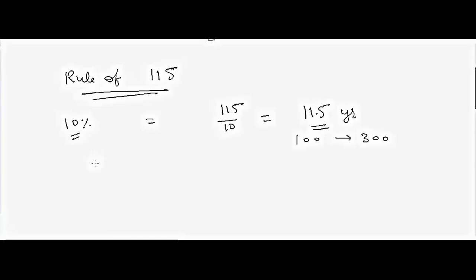In the same way, if it's 20%, then it would be 115 divided by 20, which is equal to 5.75 years. So this is an approximation you can use when you want to triple your investment.